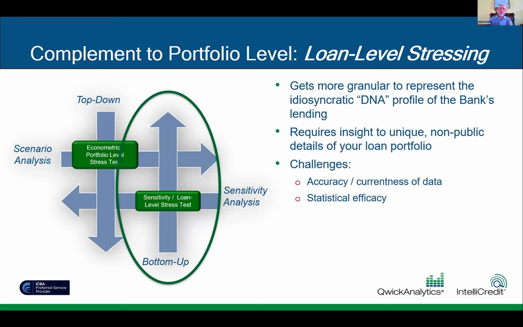So the efficacy of the statistical information, the coding, the ratings, all of that is very important. But I think one of the challenges with stress test is also the theoretical nature of it, right? It's just a what if scenario.